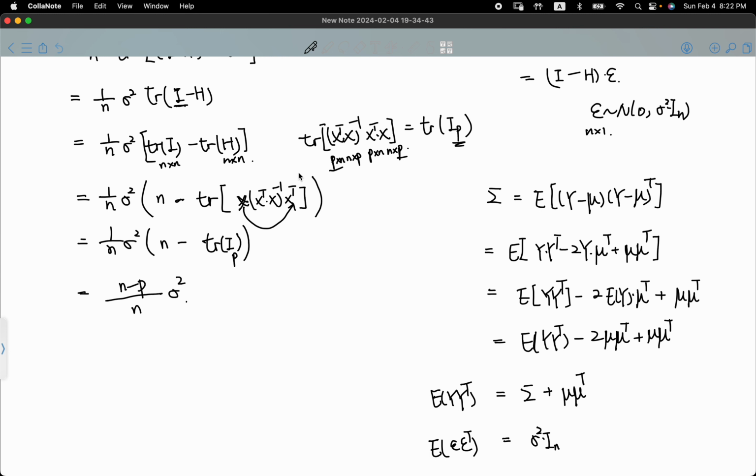sigma squared. And as you can see, this is not an unbiased estimator. So E of sigma hat is not equal to the true value.